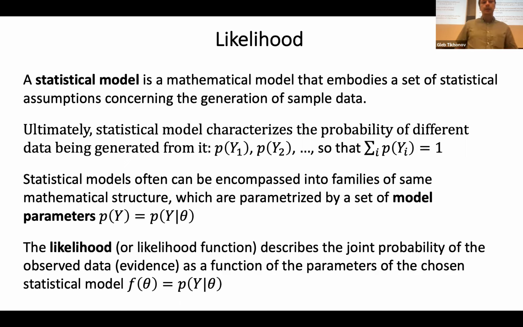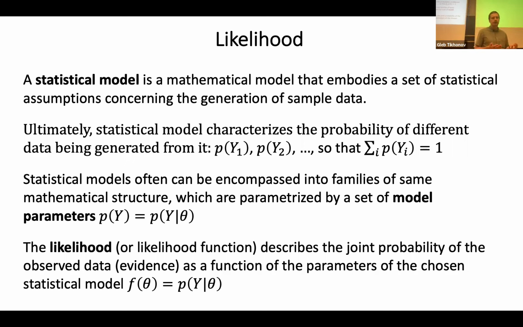So then we come back to the likelihood, and likelihood is defined as the reversed probability of the statistical model, in the sense that while the statistical model describes the probability of data given parameters, likelihood considers it as a function of the parameters.